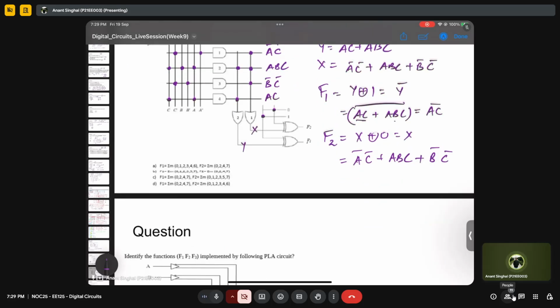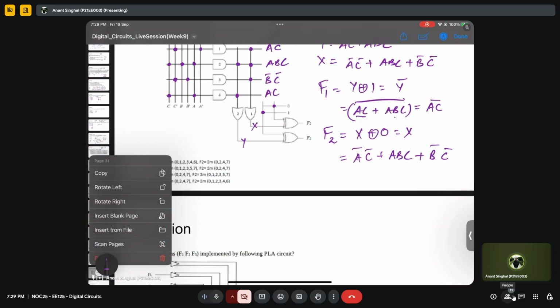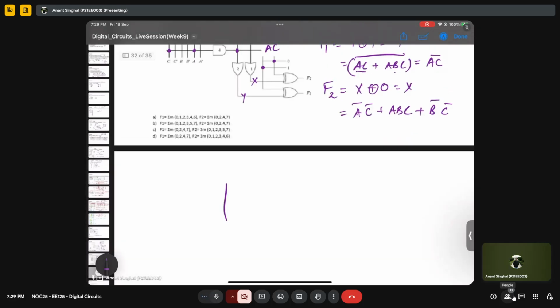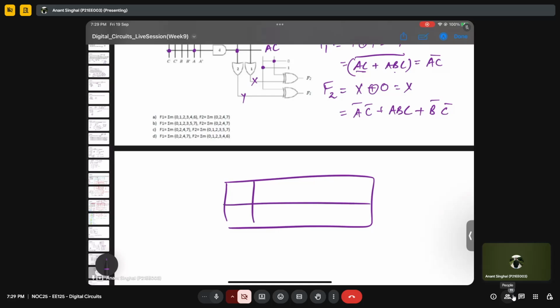If I try to write F1 in terms of minterms, we can make a quick K-map, maybe that will be easier. Let's say A bar, A, B bar C bar, B bar C, BC, and BC bar. So A bar is already there, C bar is here and here.